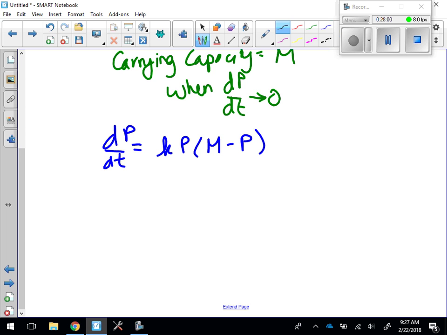And we are told, because solving it can be a little hard, but we'll get there, that the answer to this is M over 1 plus A e to the negative Mkt. Where, again, M is that carrying population, k is that growth constant effectively, and A is a constant that you will probably have to figure out.